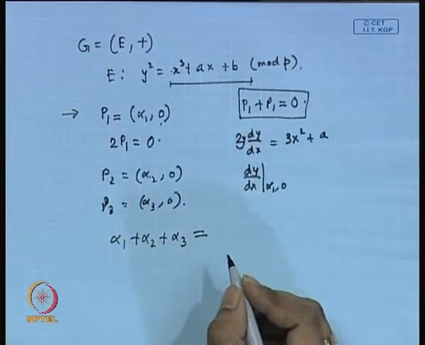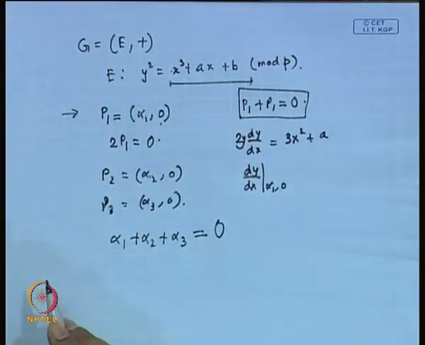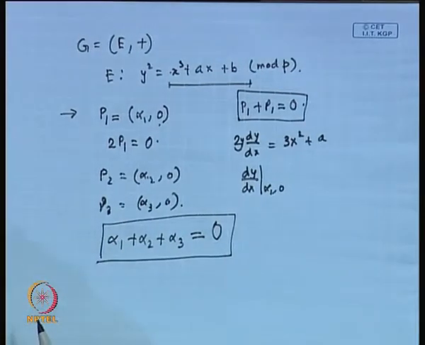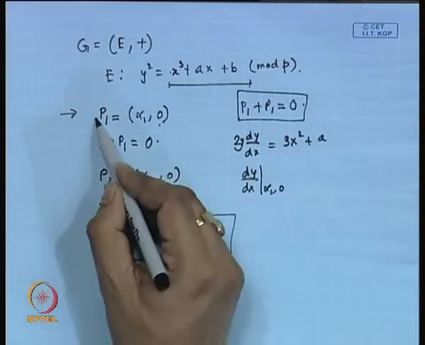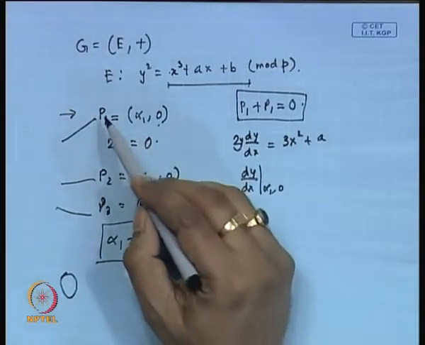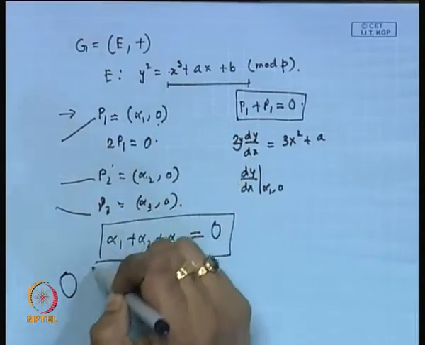From the theory of equations, it is equal to 0, because there is no x squared term. Using this, you can show that P1, P2 and P3, along with the point at infinity O, form a group, that is, a subgroup.